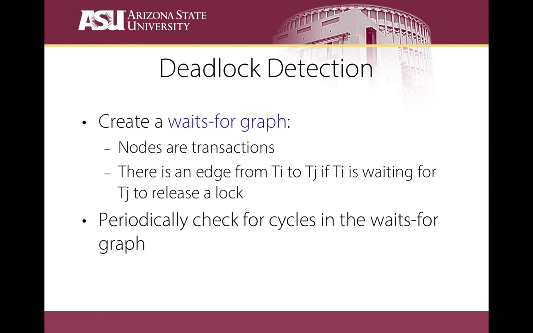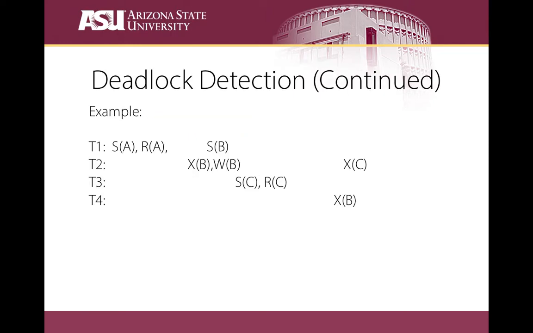So let's take a quick exercise of how deadlocks work. You have T1, T2, T3 and T4, and each transaction is reading or writing some items in the database.